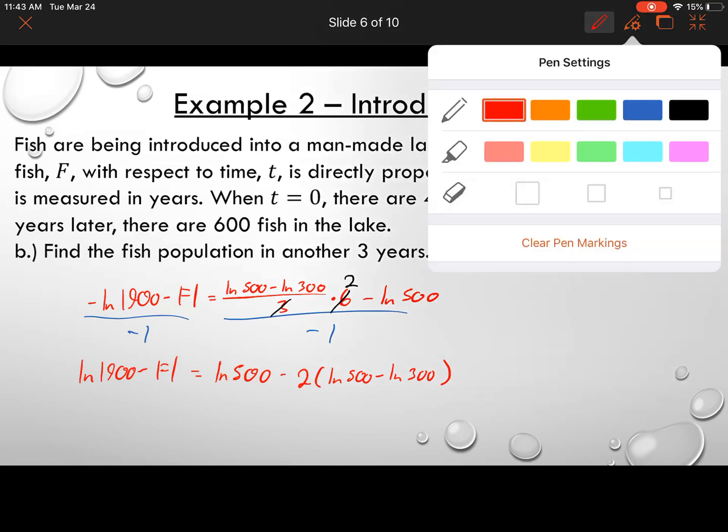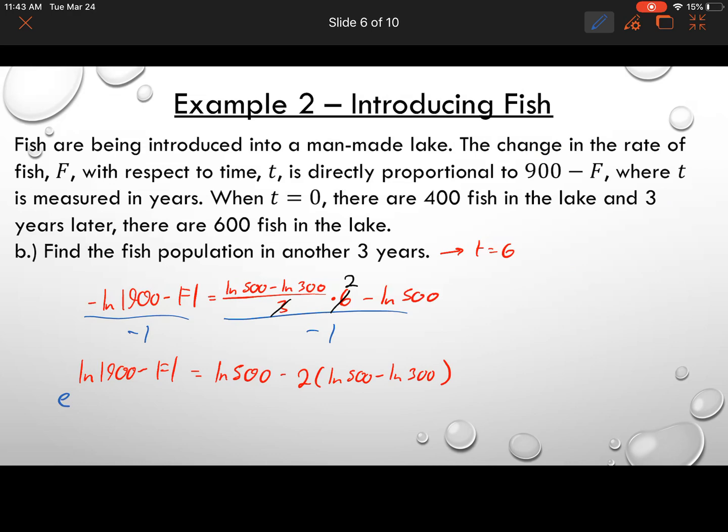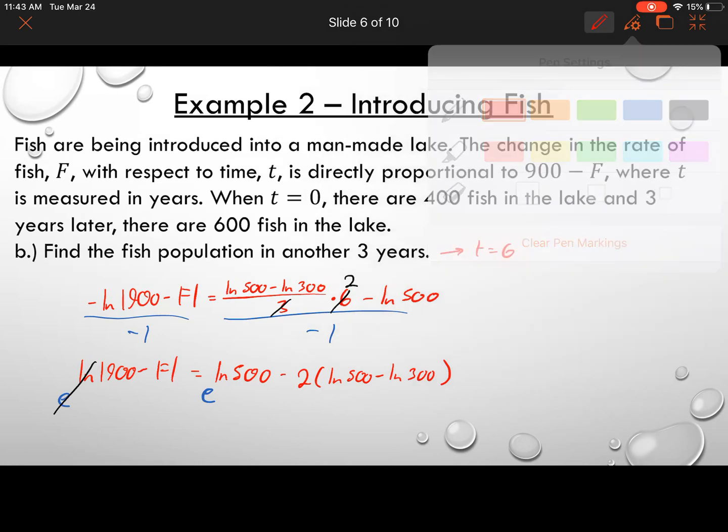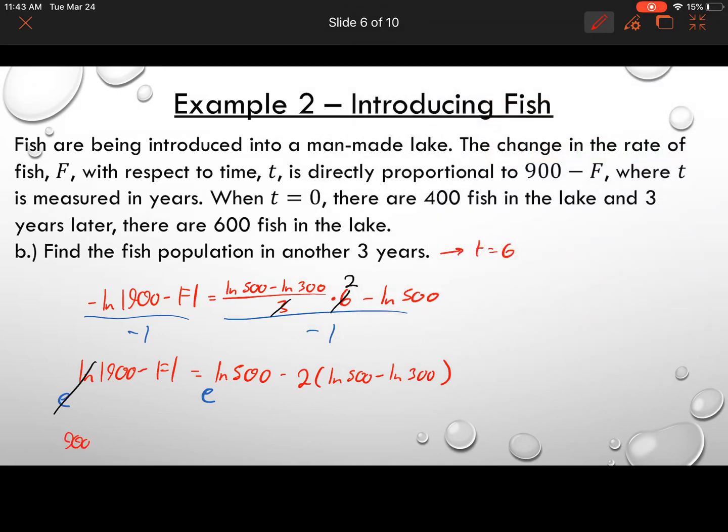So remember, to get rid of ln, we have to do e to the power of both sides. And what this does is make that go away. And we can now write it as 900 minus f is equal to that gigantic expression.